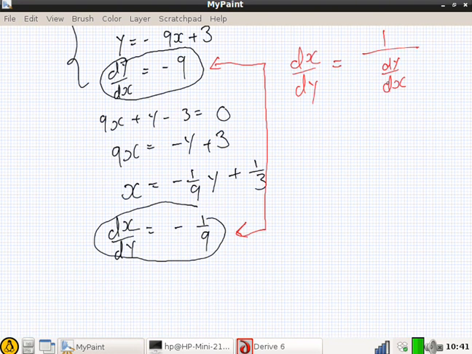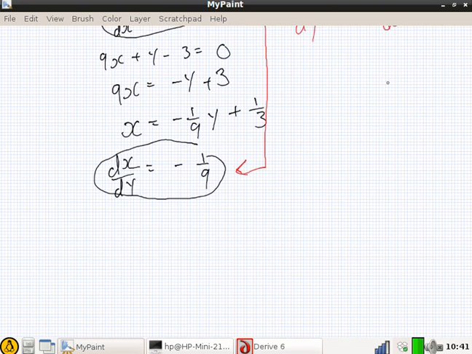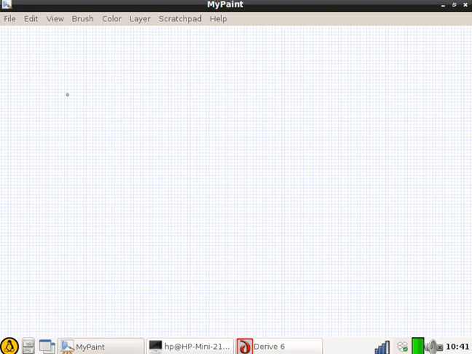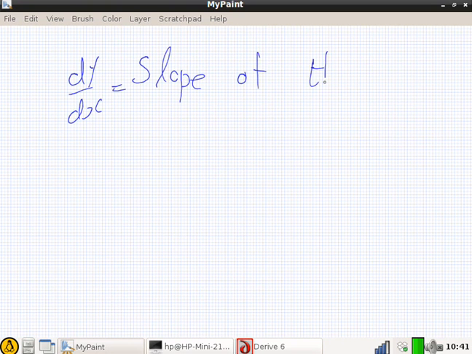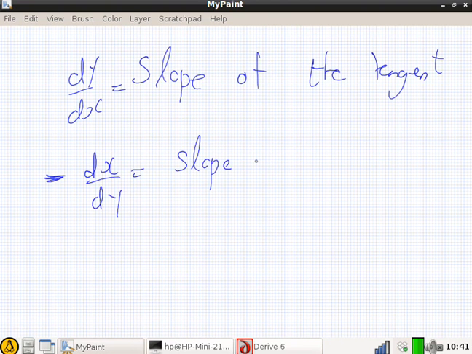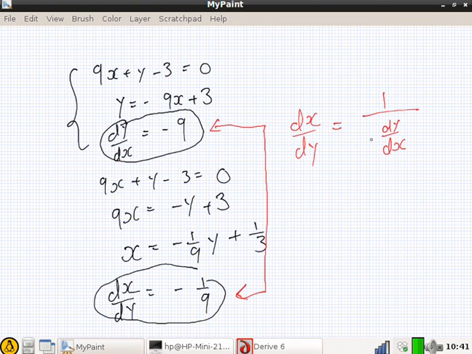So in fact what we have now is this. dy/dx is the slope of the tangent, and minus dx/dy is the slope of the normal. Remember, when you want to make it perpendicular, you flip it upside down and change the sign. So this here isn't quite the slope of the normal, because it should have been positive 1 over 9.